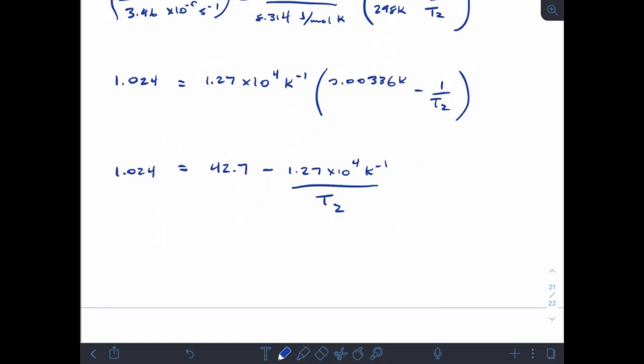All right, and we solve for T2, and voila, it is 305 kelvins at T1 half.